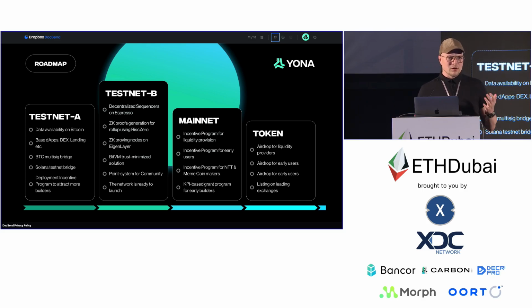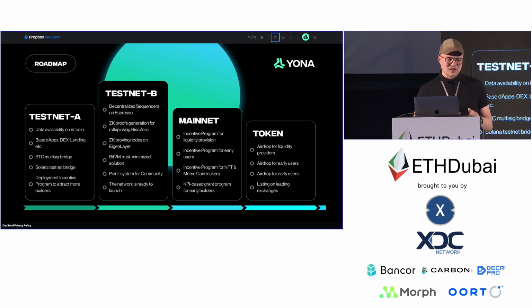We'll make things more decentralized, more trustless. So we'll implement a ZK validation layer on EigenLayer AVS. We'll implement Espresso decentralized sequencers to again improve trustlessness. And after that we'll launch our mainnet.